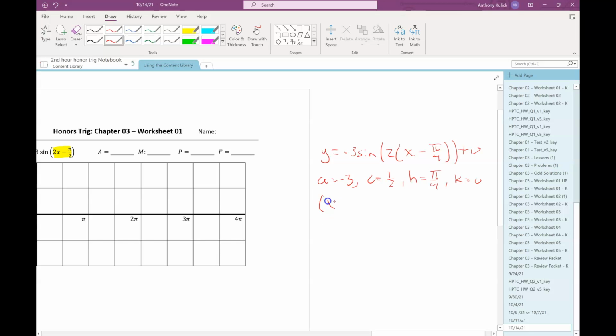So now I'm going to go ahead and write my transformation map. So in this case, I have 1/2 x plus pi over 4, and then -3y. I'm not going to write the plus 0.